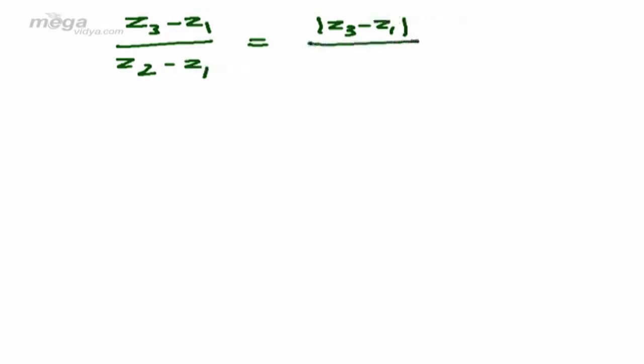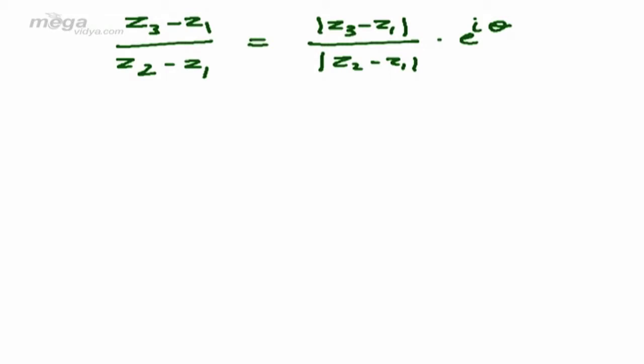So we can write it like this: Z3 minus Z1 divided by Z2 minus Z1 is equal to mod of Z3 minus Z1 divided by mod of Z2 minus Z1 into e to the power i theta. This theorem is very important in solving the geometrical problems based on the complex numbers.